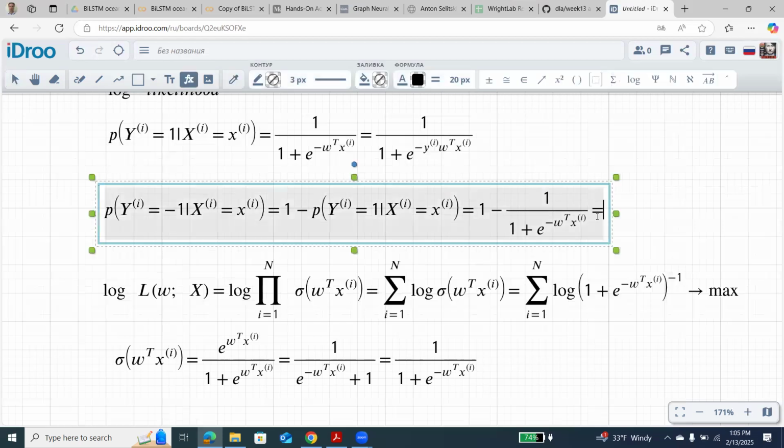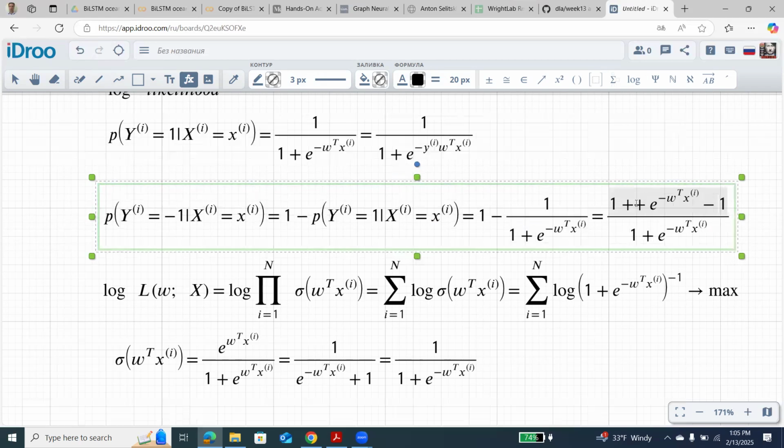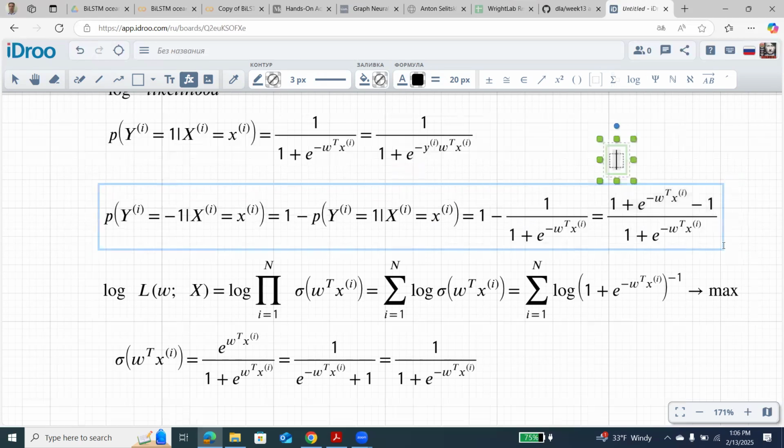Then you find the common denominator. I hope you remember how to do that.